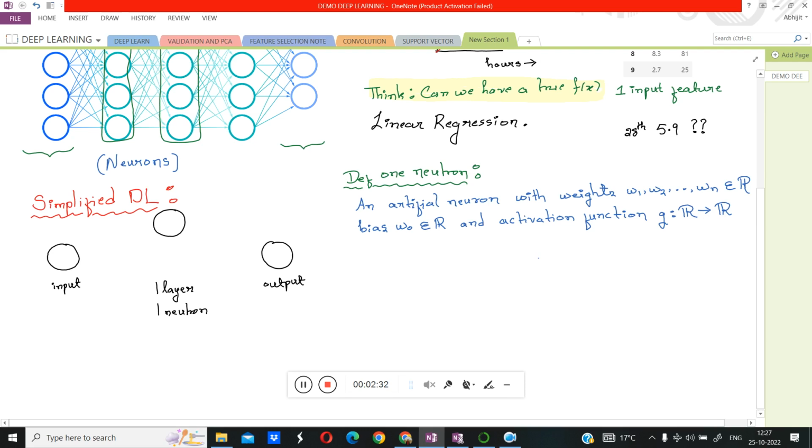Okay, so it has weights in it, biases in it, activation function in it, and the combination of all these, weight, bias, and activation function, is, so let's see.